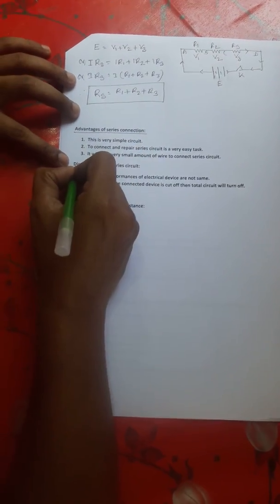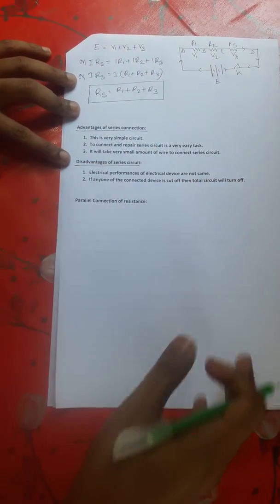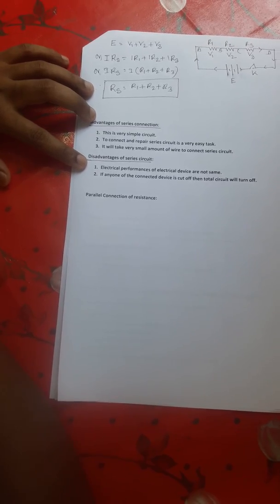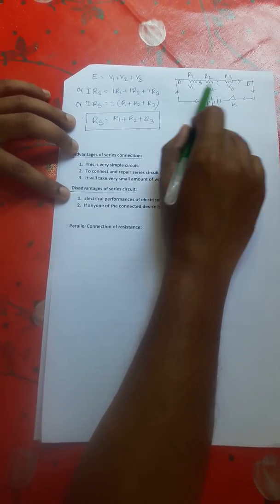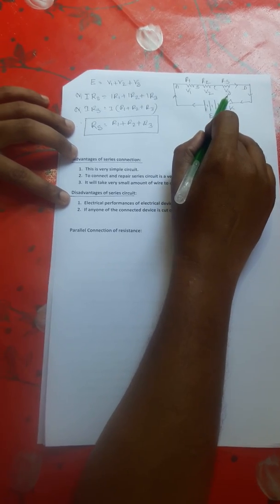In next step I am to discuss the disadvantages of series connection. Number 1, electric performance of electric device are not same. Say these three resistance are three electric device. For example, these three are the electric bulb.